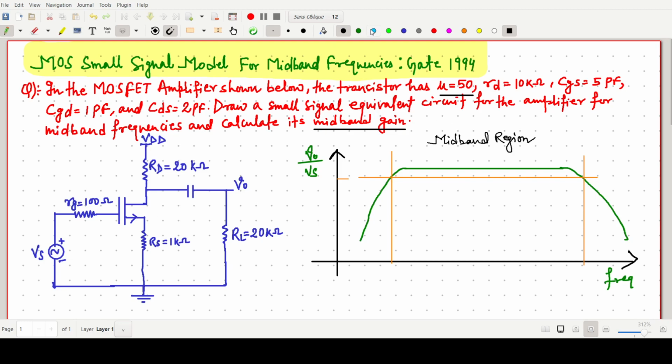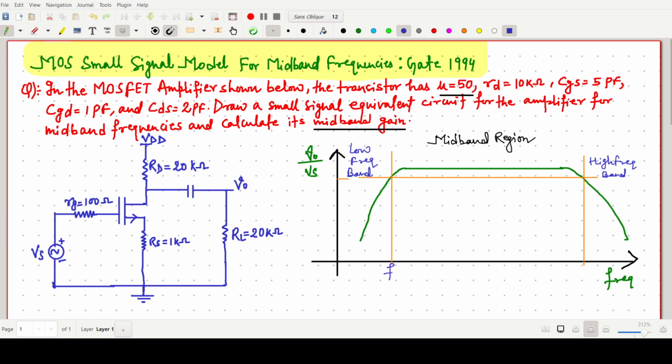This one is the low frequency band or region, and this one is the high frequency band region.